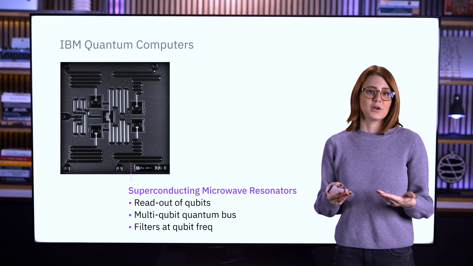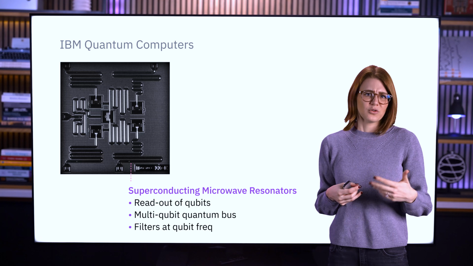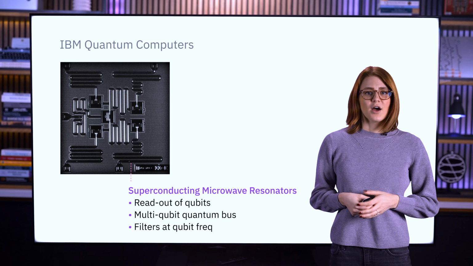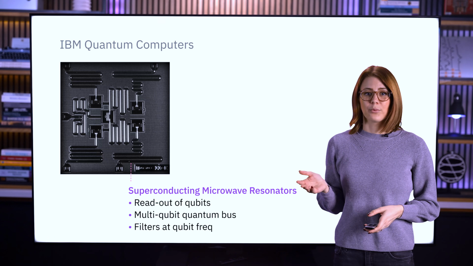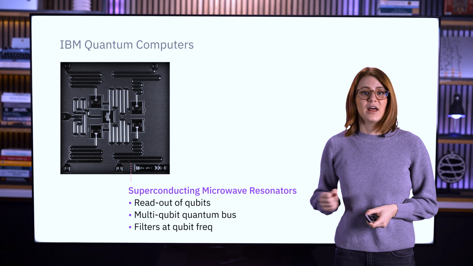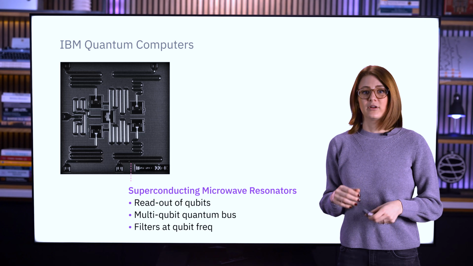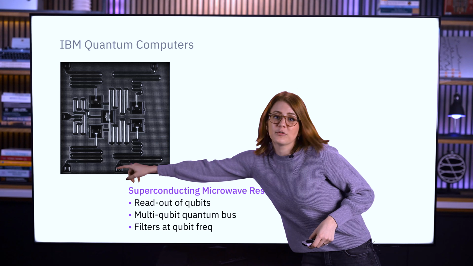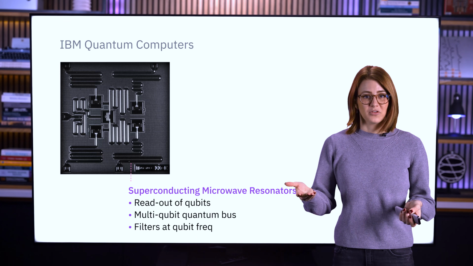We call them microwave pulses because they all fit within the microwave frequency bandwidth, which is around 1 gigahertz. After the room temperature control boxes create the pulses, they travel through the cables into the dilution refrigerator and eventually to our quantum chip. The signal goes into the resonators through a wire bond on these pads, and then it flows down the transmission line into our qubits.